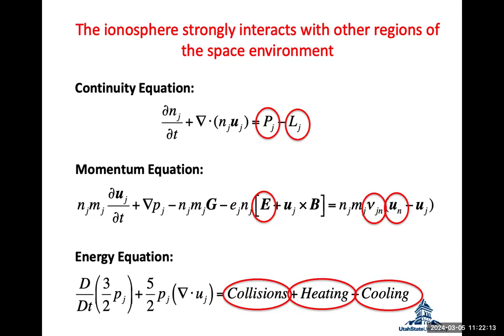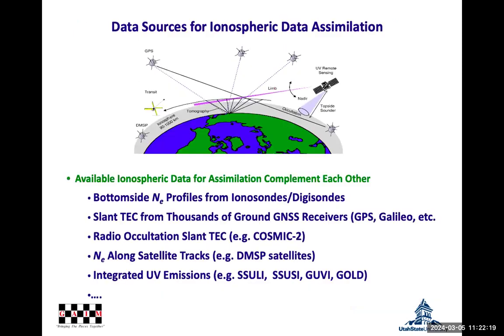And that leads to various approaches for data assimilation. But before coming there, let me tell you a little bit about the data sources that we have for ionospheric data assimilation, and we're in fact very lucky there.